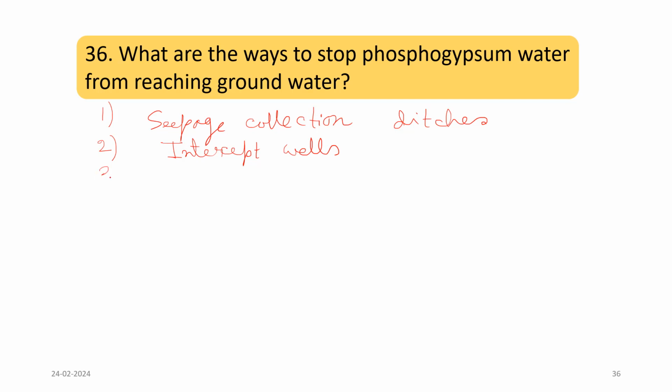The third one is the natural barriers. Fourth one is the lining systems.